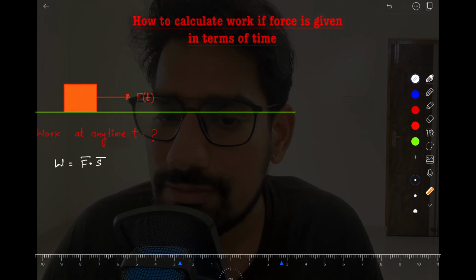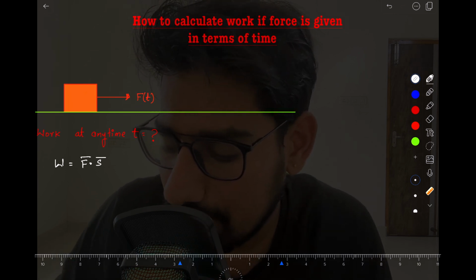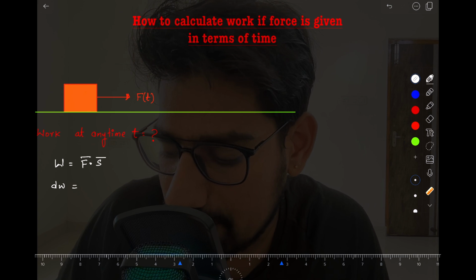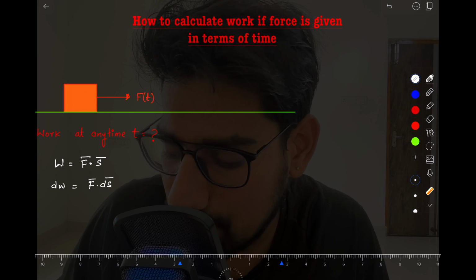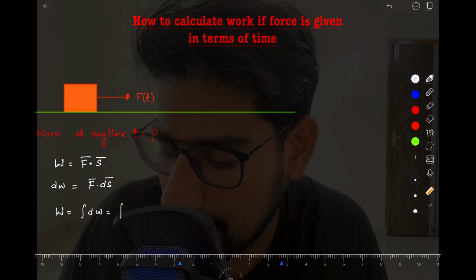Now if force is given in terms of displacement, then we will calculate the elemental work done dW, and for dW we can consider this force vector constant, F vector dot ds vector, and then we'll say that the total work done is integration of dW, which is integration of F vector dot ds vector.